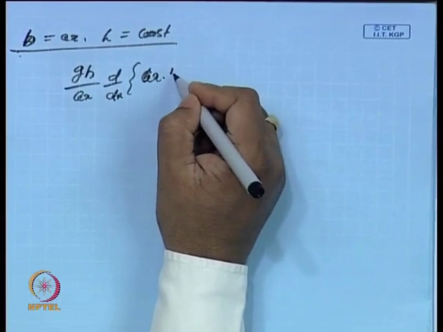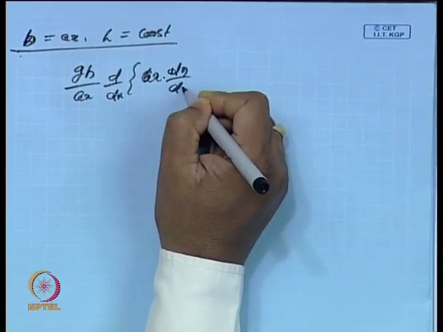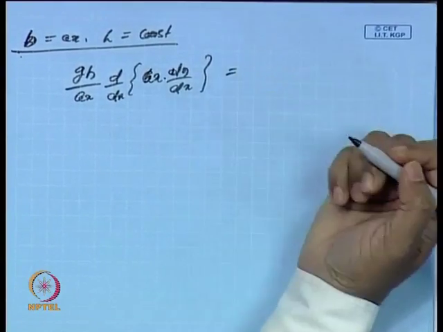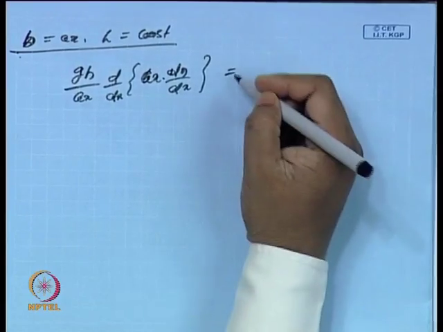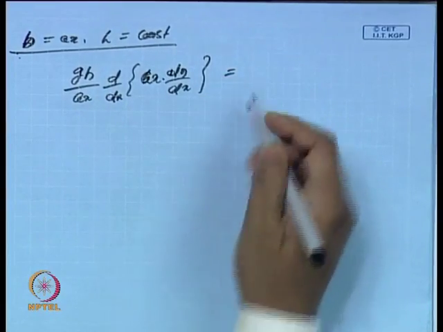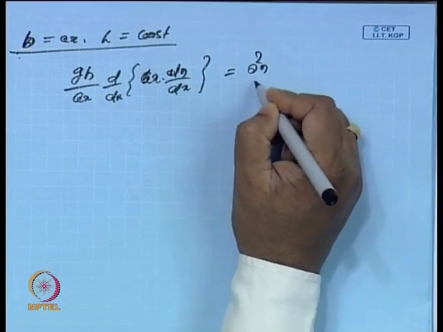So, this is a x into d eta by dx, equal to del square eta by del t square.